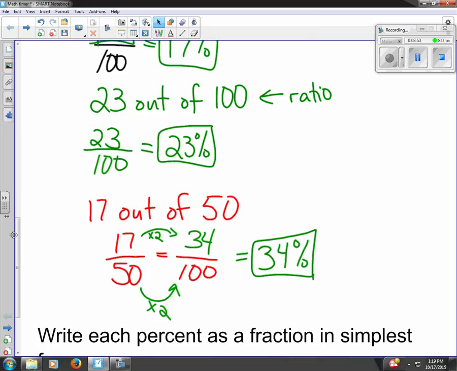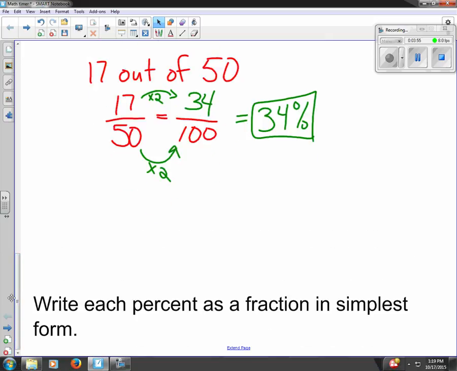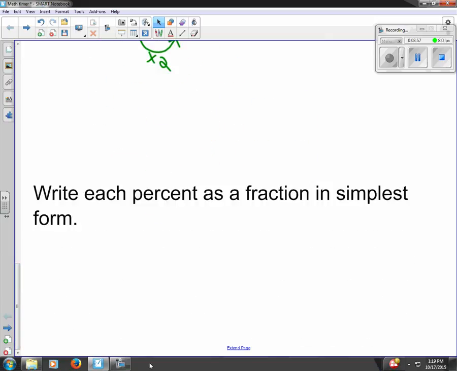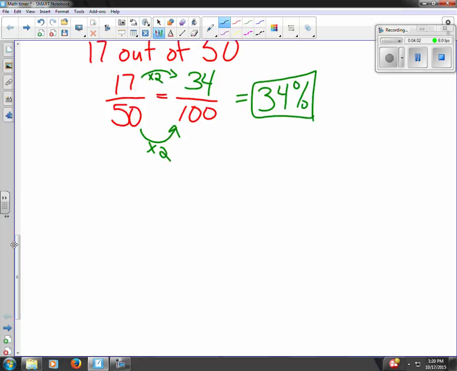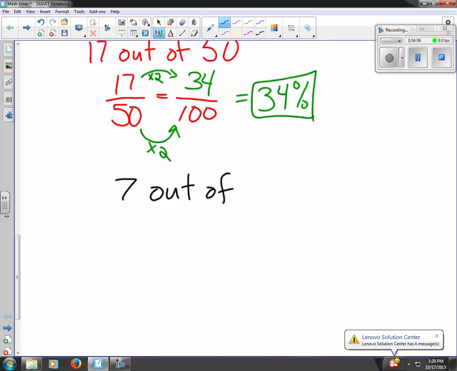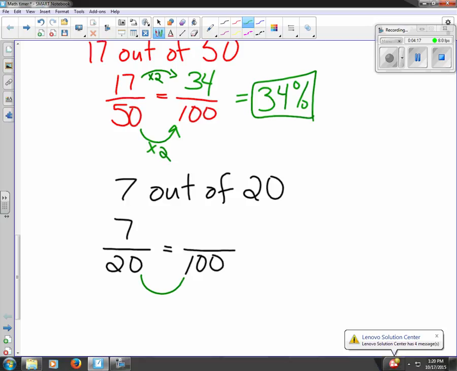We're talking about how much out of 100, so you need to make sure you compare it to 100. Okay, let's do another example. Let's try 7 out of 20. I'm going to write it as a fraction, 7 over 20. And again, to find the percent, I need to make my denominator 100. How did I go from 20 to 100?